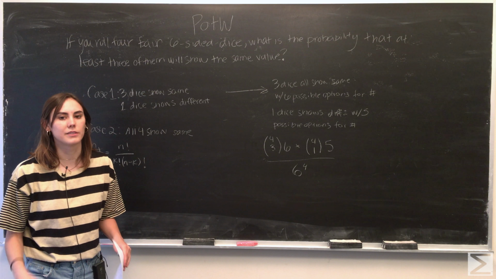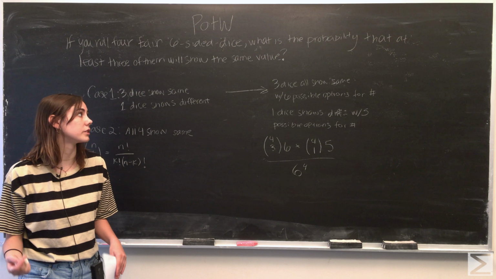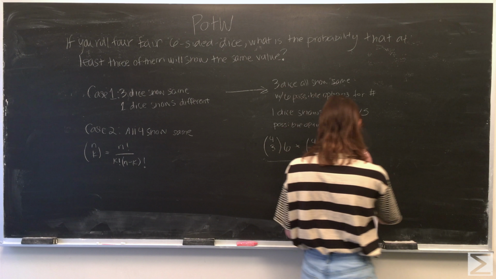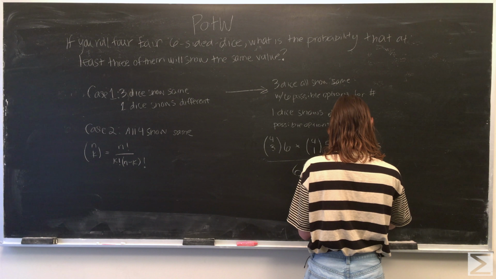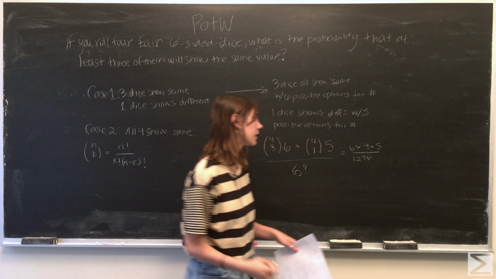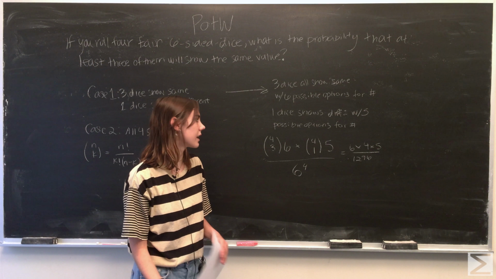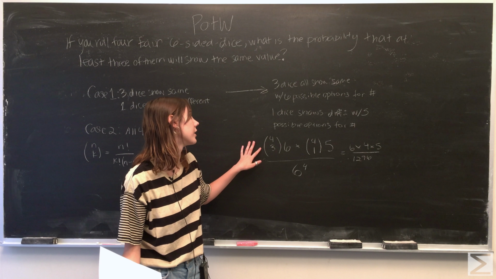There's 4 dice, and there's 6 possible options for numbers that each of those dice can be rolled as. That ends up coming out to be 6 times 4 times 5 over 1,296.